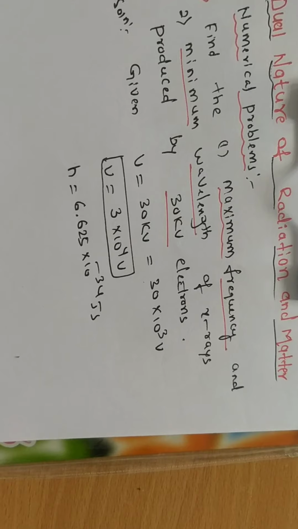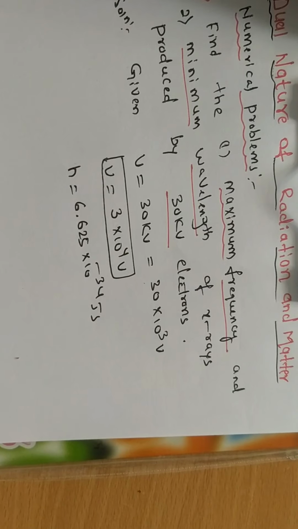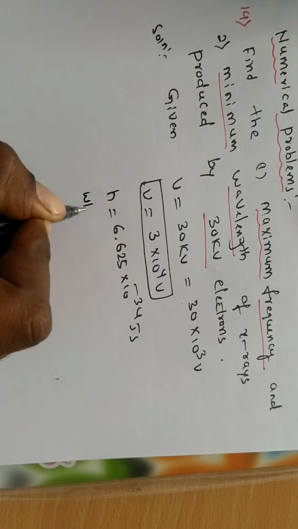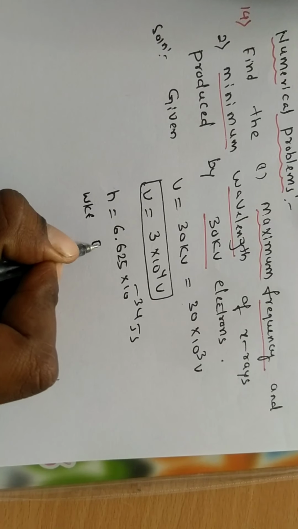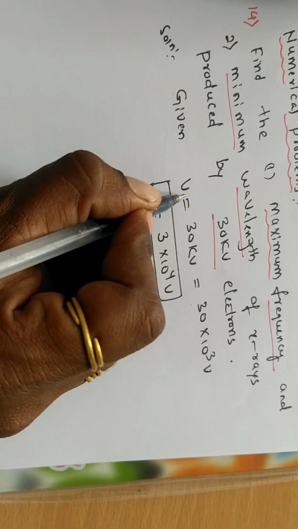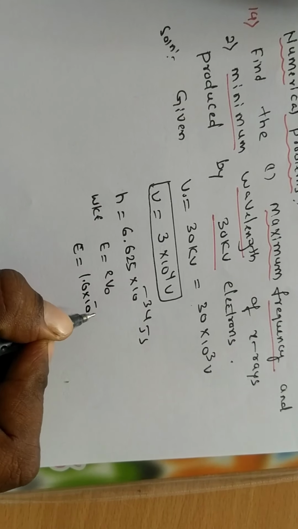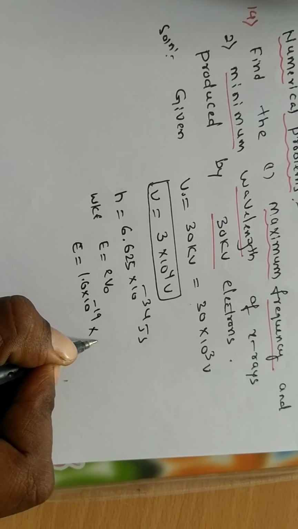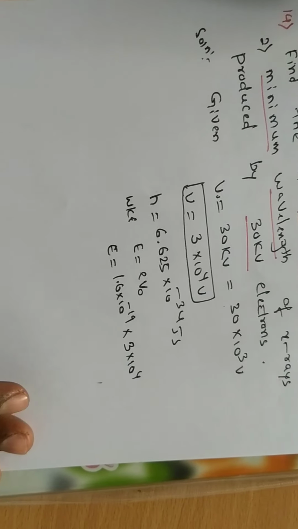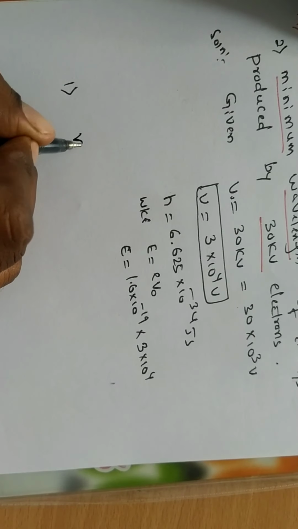Next, first I have to find out the maximum frequency. Okay, maximum frequency means we have to know that energy value. We know that energy or kinetic energy is equal to eV naught or eV. V and V naught, those two are same. e is equal to e value 1.6 into 10 to the power of minus 19. V naught value or V value, potential value 3 into 10 to the power of 4. We have to calculate first one, nu is equal to question mark.